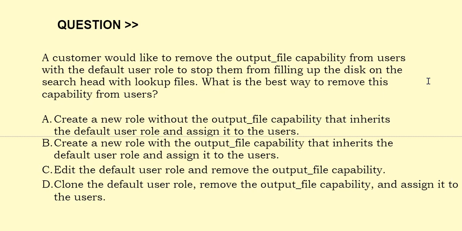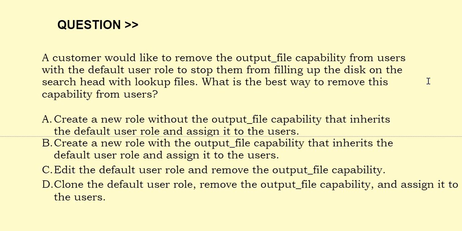Option A. Create a new role without the outputlookup capability that inherits the default user role and assign it to the users. Option B. Create a new role with the outputlookup capability that inherits the default user role and assign it to the users.